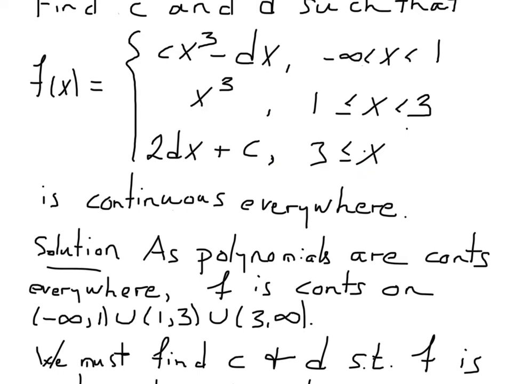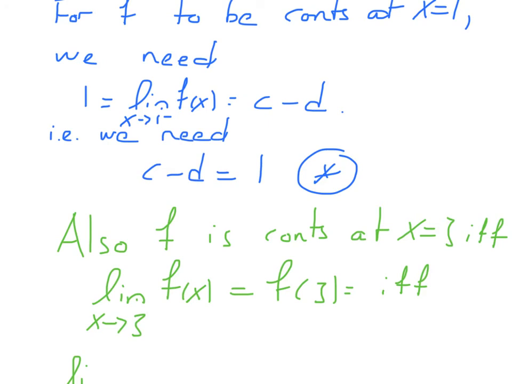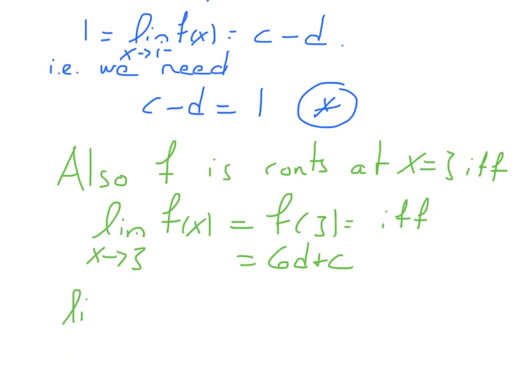So when x is 3, f of x is 2d times 3, which is to say 6d plus c. So f at 3 is 6d plus c. Let's write that down. So I think I have to write that down here. 6d plus c, and this is true if and only if the corresponding left and right hand limits are also 6d plus c.